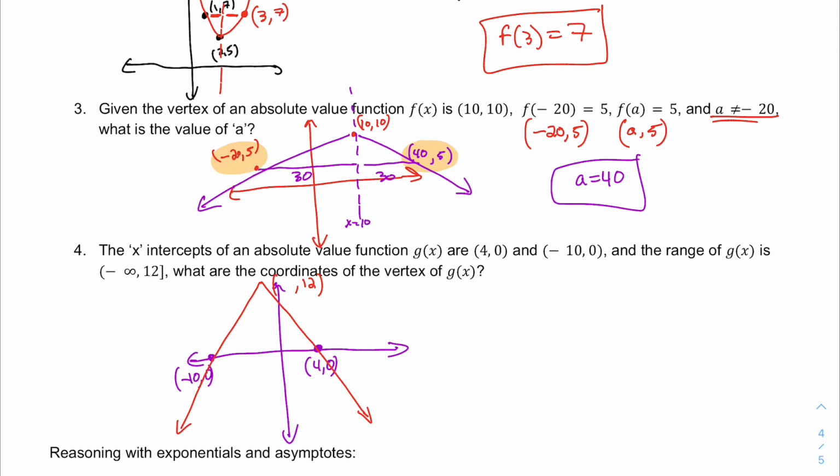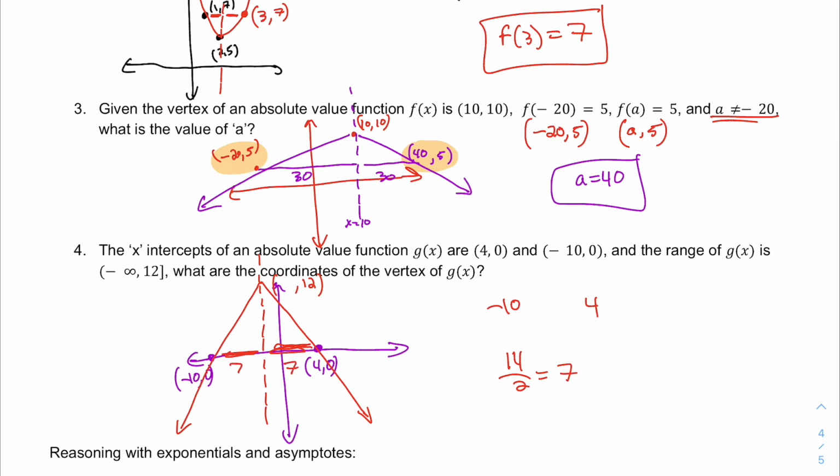We get this by using the fact that the line of symmetry goes through the vertex. These two coordinates are equidistant from the line of symmetry. The distance between -10 and 4 is 14. Half of that distance is 7.